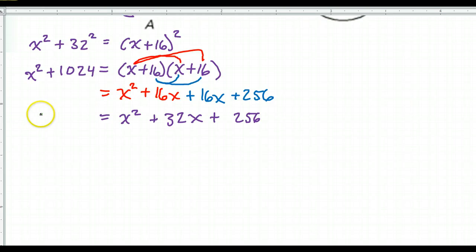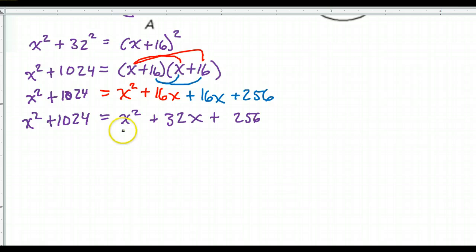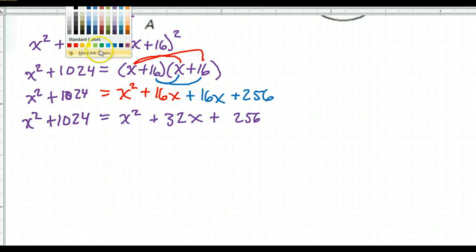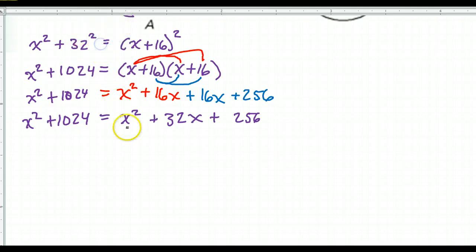Alrighty then, and I'm just going to bring this down. So x squared plus 1024 and x squared plus 32x plus 256. Now we can go on and solve this thing. We need to get our terms together. So see how I have x squared on the left, x squared on the right. To get those closer together, we will subtract.